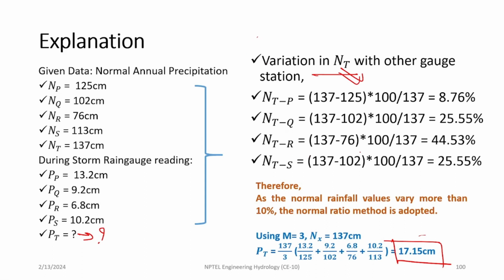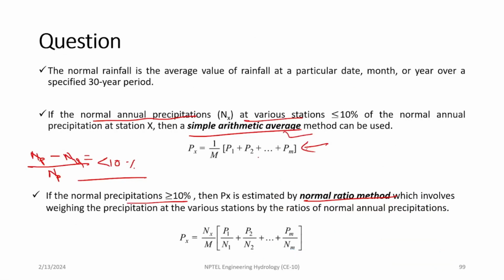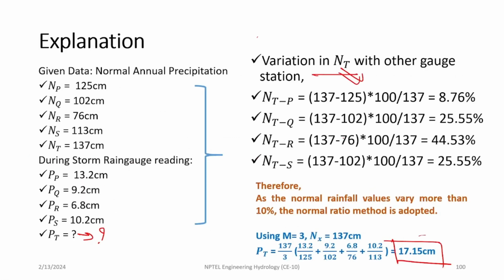But if any one of the values goes more than 10%, we have to take the normal ratio method, the normal annual precipitation method. Got it?